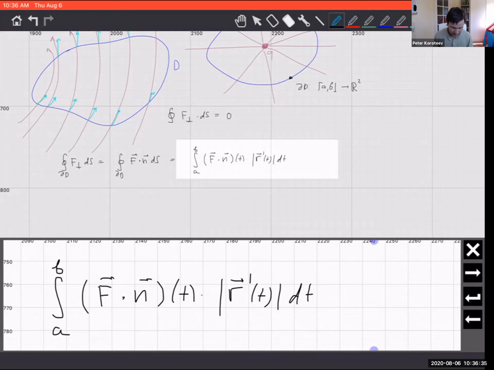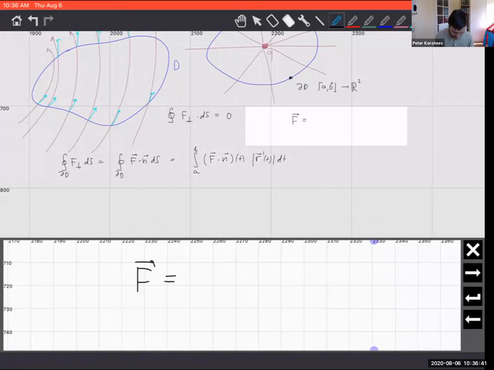Now we need to write down f. We know what f is. f is a vector field P and Q. We don't have to worry about the z direction anymore, so it's a two-dimensional field.